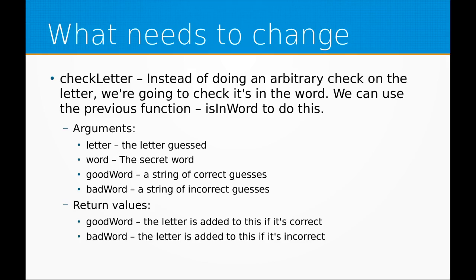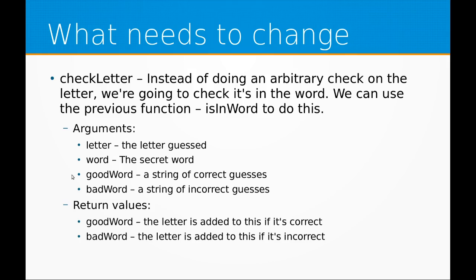So to do that we need to make sure that we have the letter and the word coming into this function so we can make a decision based on these.